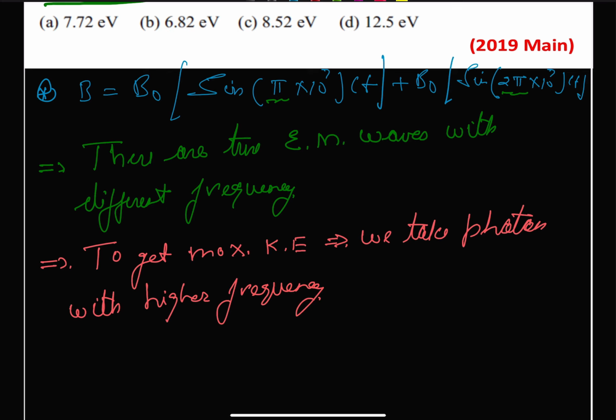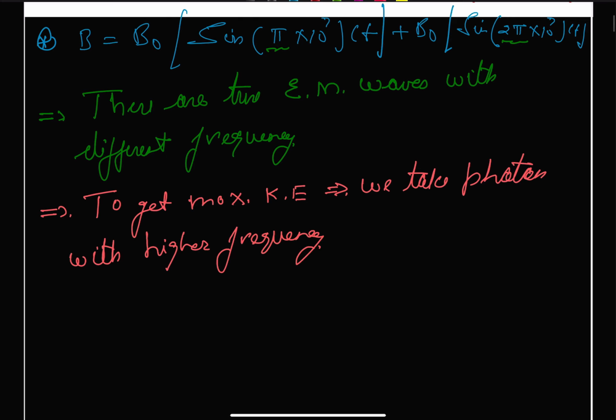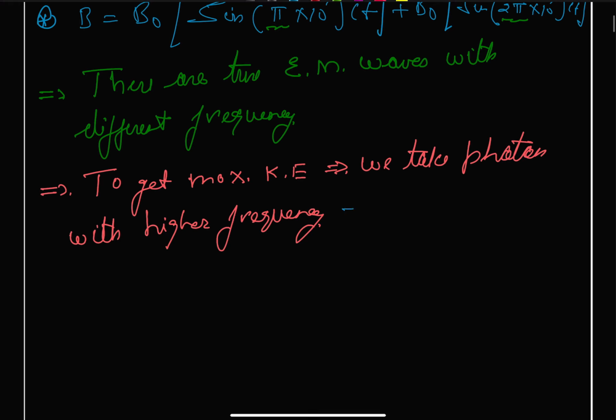Therefore, we can write that the value of omega will be equal to 2 pi into 10 to the power 7 multiplied by c, where c is the speed of light.